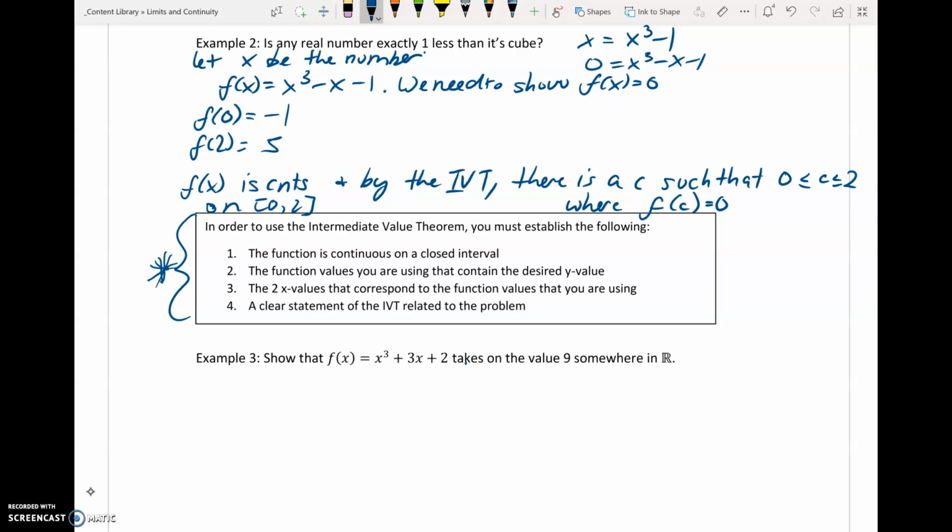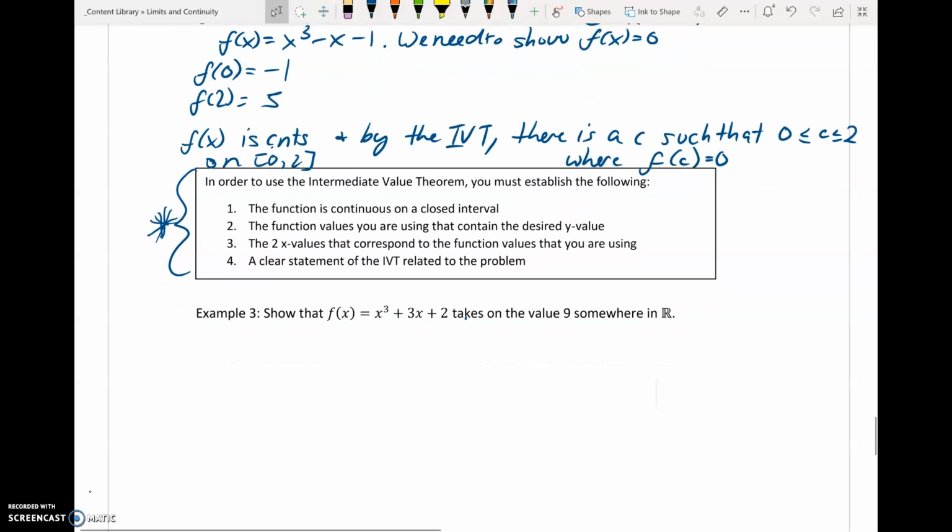We plugged in our f of 0 and our f of 2, our endpoints, to find out what the y values are, and to show that the 0 sits in between those y values. And the 2 x values correspond to the function values that you're using, which is what we've done there as well. And then finally we wrote the clear statement about the IVT.